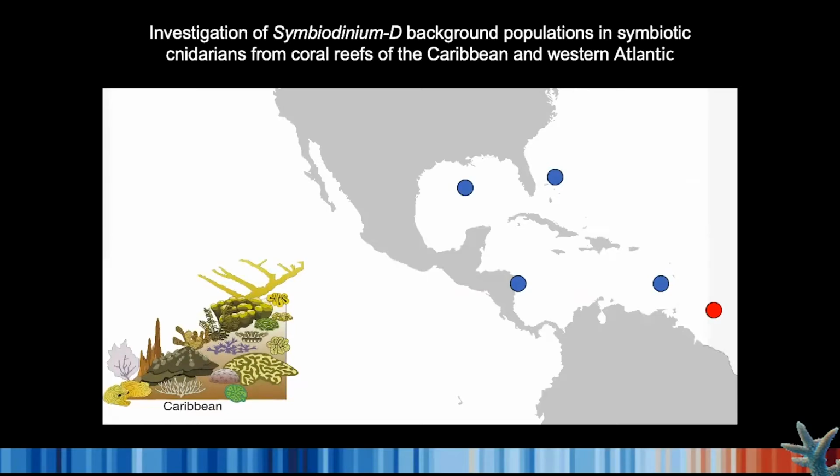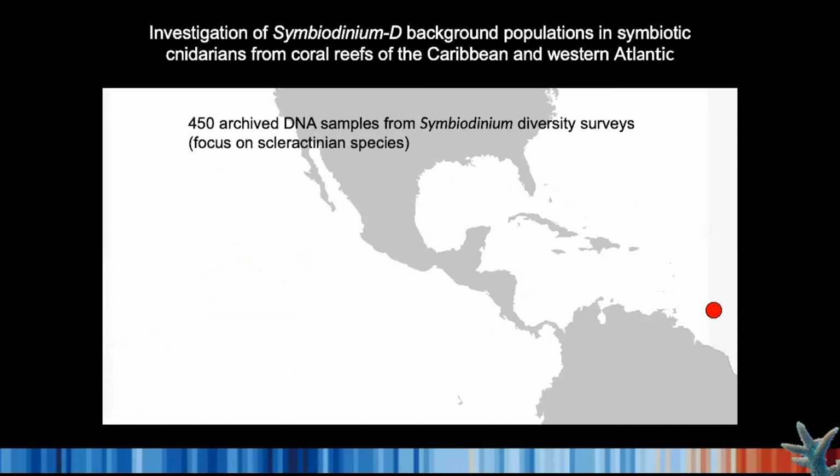I think I processed 400 or 500 samples from the freezer. And these were samples that my advisor had collected when he would just go around the world and do diversity surveys. He would go to a reef, he would take tissue samples of as many corals as he could find, and then he would come back and type them out using denaturing gradient, which is a fingerprinting technique. Again, that lacks resolution to find background populations of symbionts.